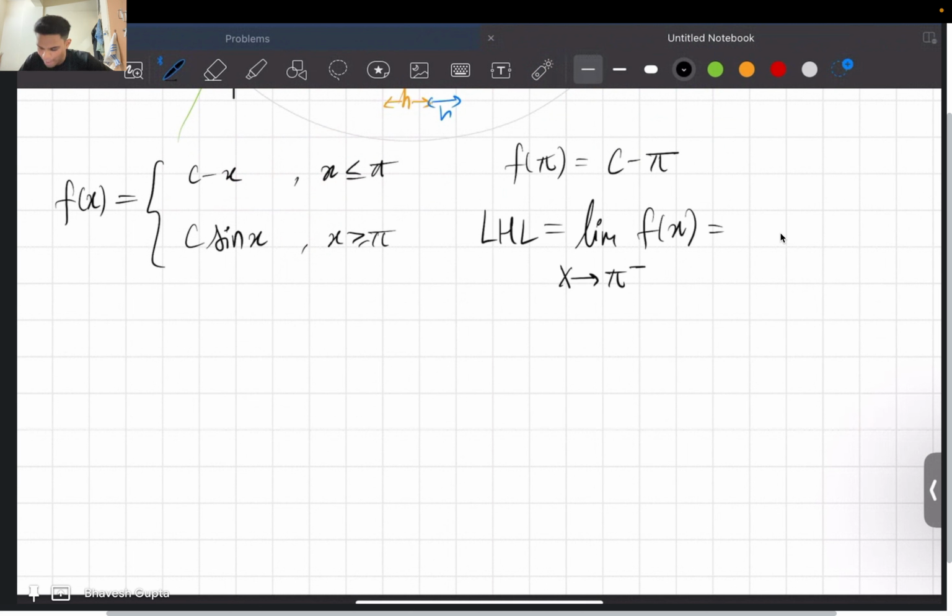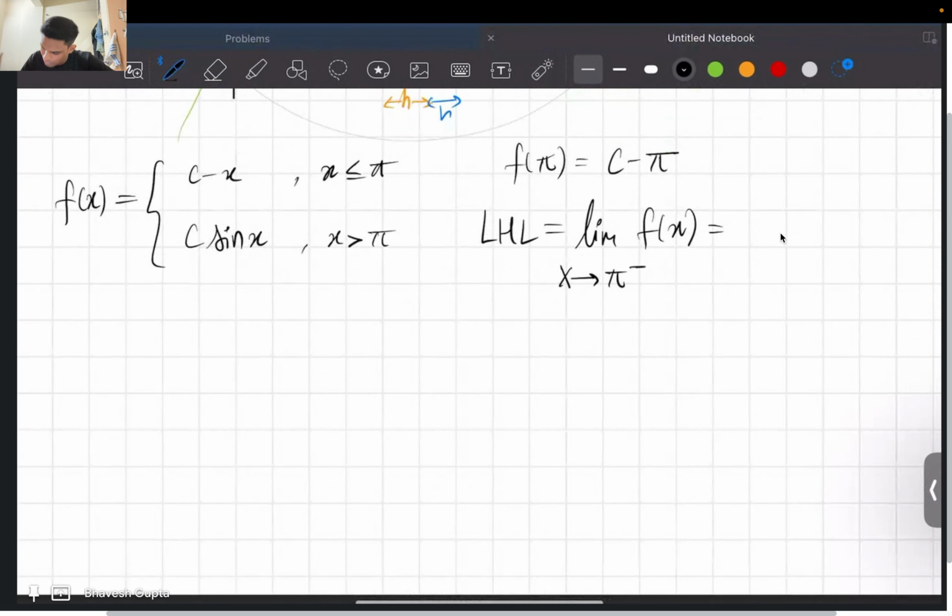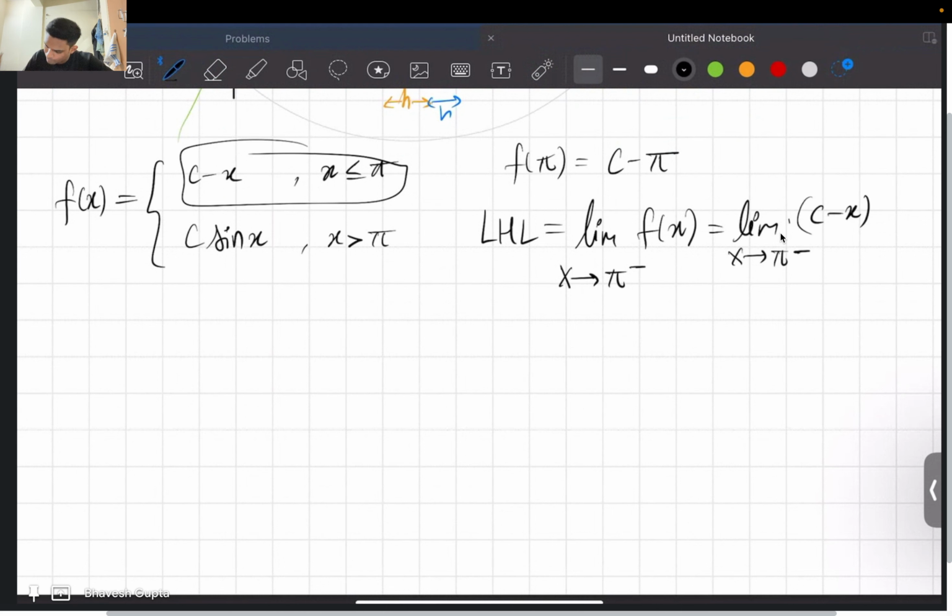For pi minus, we use this definition, which turns out to be the limit as x tends to pi minus of c minus x. Since there is no indeterminate form here, we can directly substitute, and that turns out to be c minus pi.